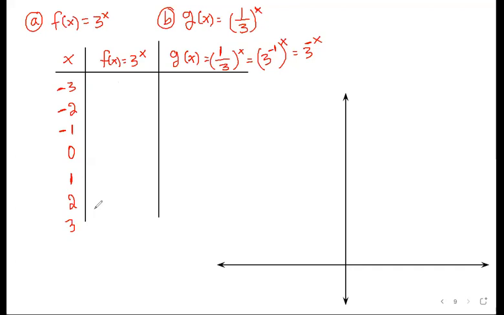Now I have to plug these points inside this function and also inside this function. I start from the 0. 3 to the 0 is 1. And 3 to the 0 here in g of x is also 1.